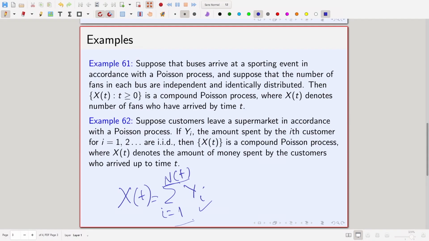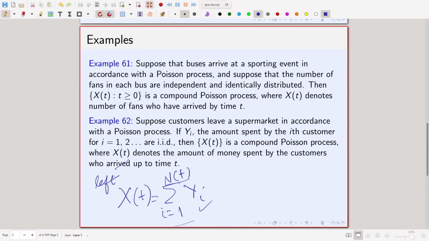Another example: suppose customers arrive at a supermarket in accordance with a Poisson process. If Y_i, the amount spent by the ith customer for i equal to 1, 2 and so on, are IID, then X(t) is a compound Poisson process, where X(t) denotes the amount of money spent by the customers who arrived up to time t.